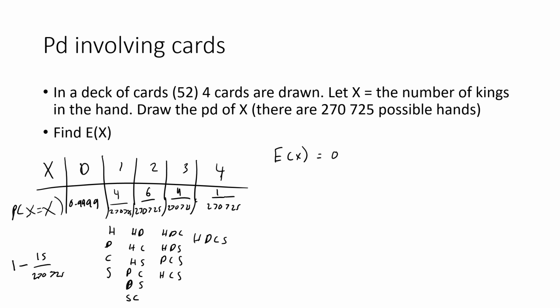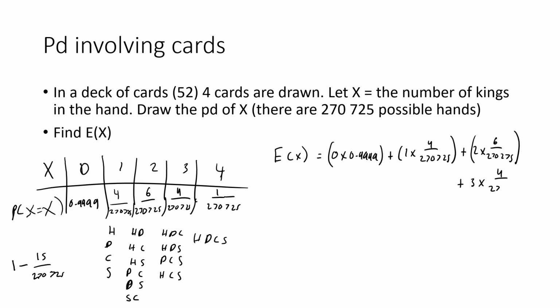It's 0 times 0.9999, which I can skip now because we've already covered it, but I've included it, plus 1 times 4 over that, plus 2 times 6 over that, plus 3 times 4 over that, and plus 4 times 1 over 270,725.